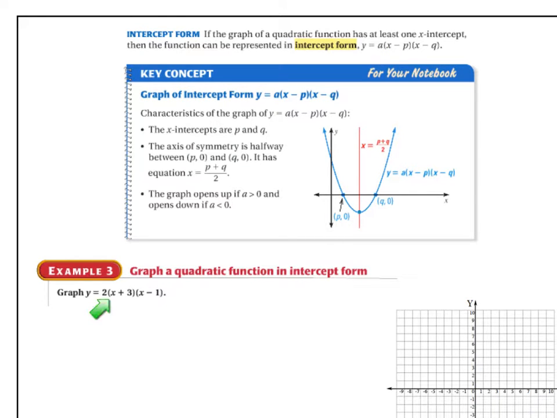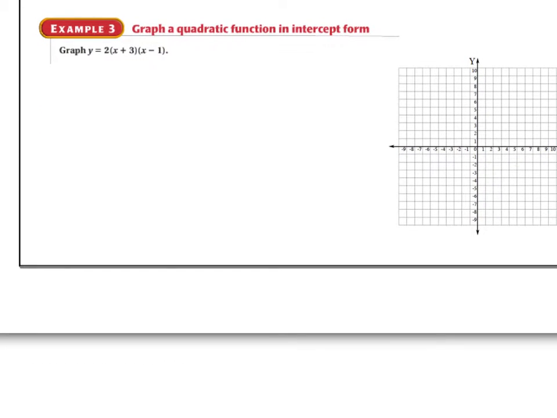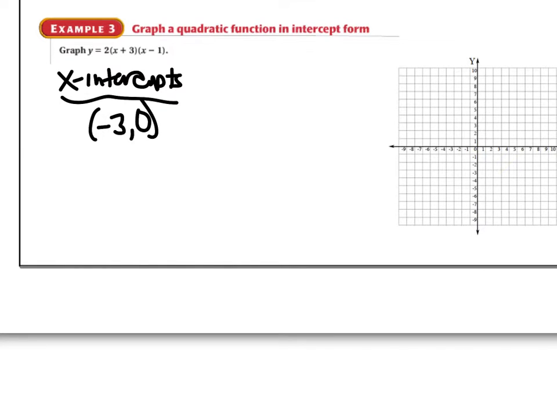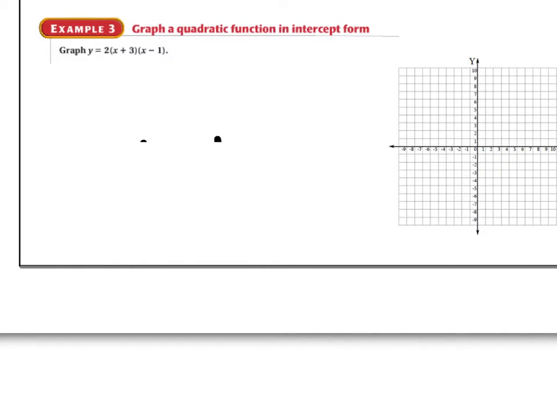Because in our problem this is a +3, that means our p had to be a -3. And so we will write for our x-intercepts that we have (-3, 0) for one of them, and that we have (1, 0) for the other one.